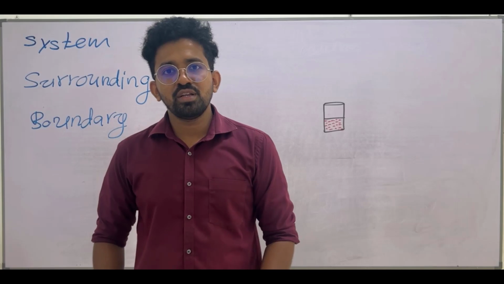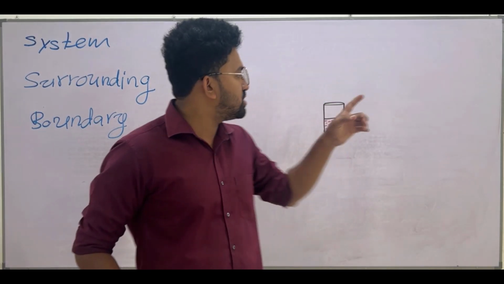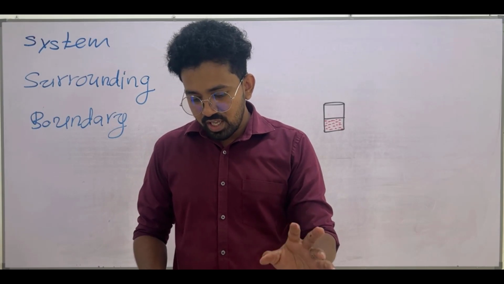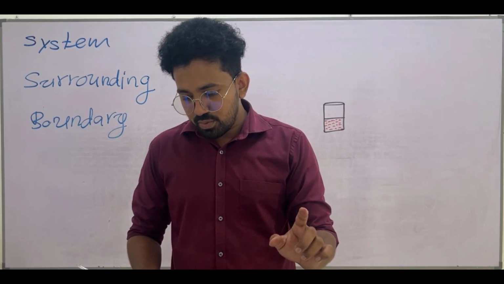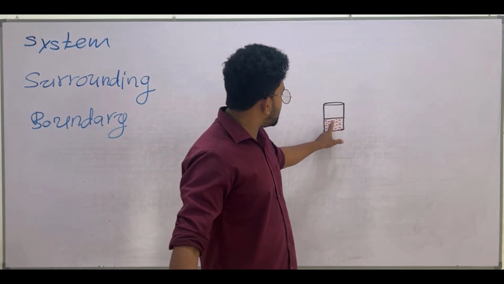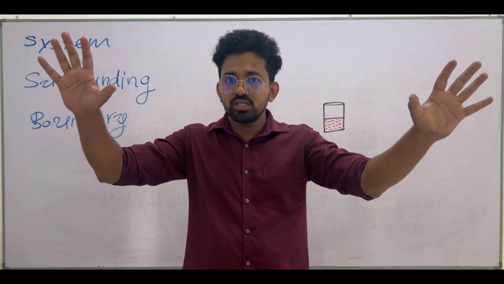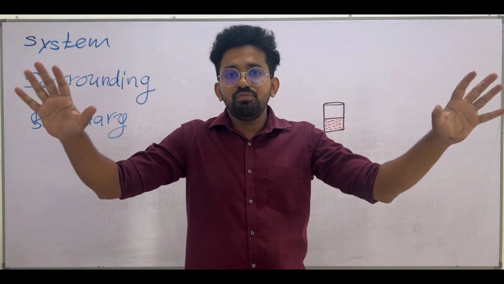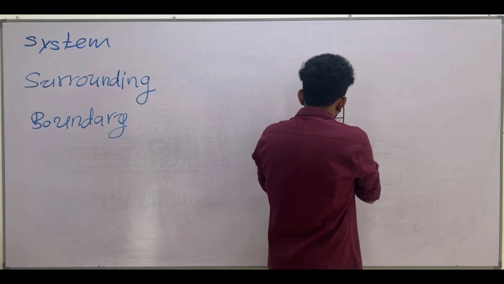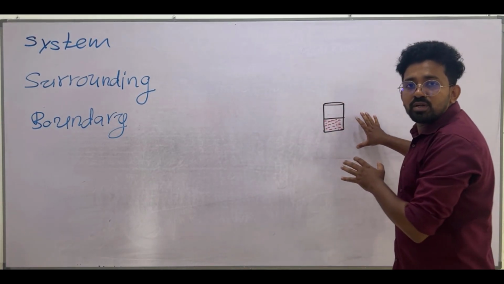I have given some information about the system, so you can read it. This is the part we are studying in a specific experiment or a chemical reaction. This is the part that we choose from the universe to do a reaction or to do an experiment.